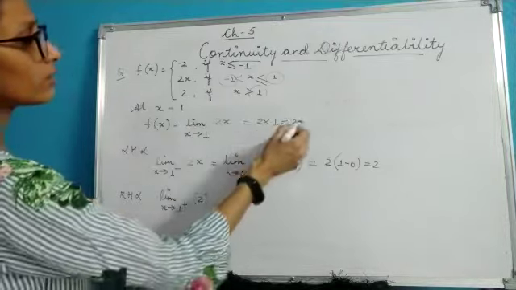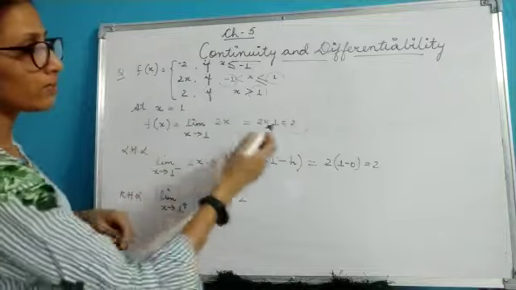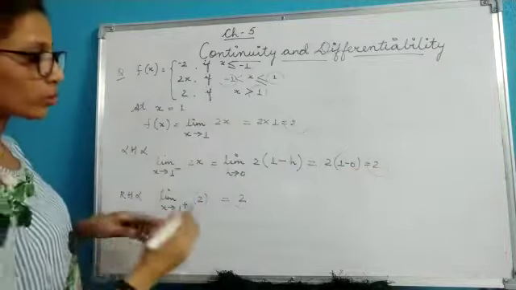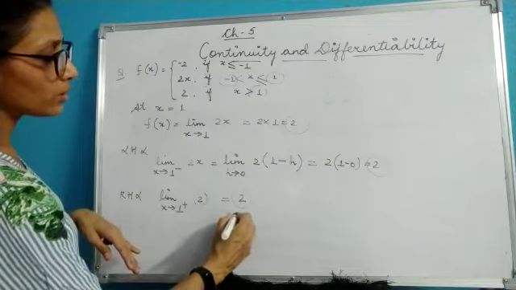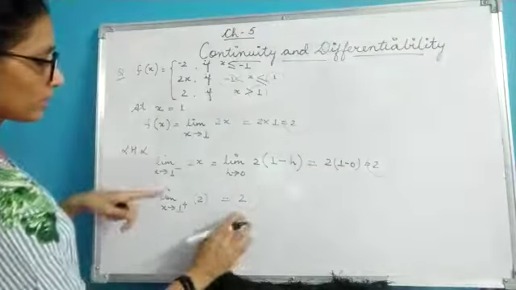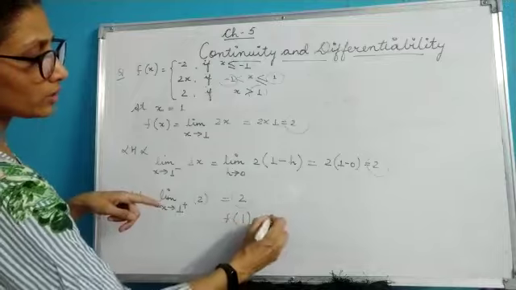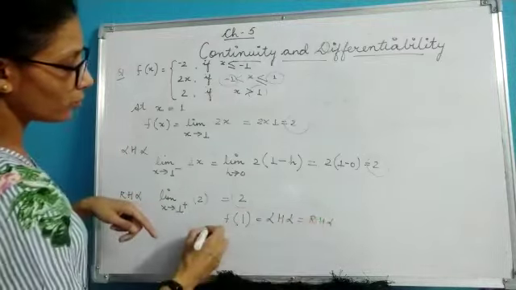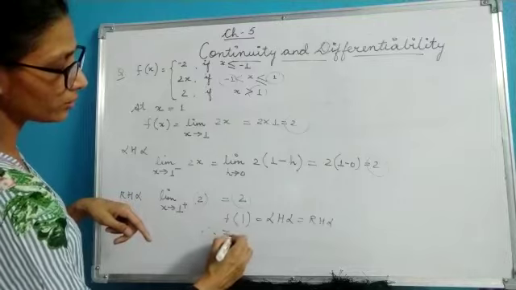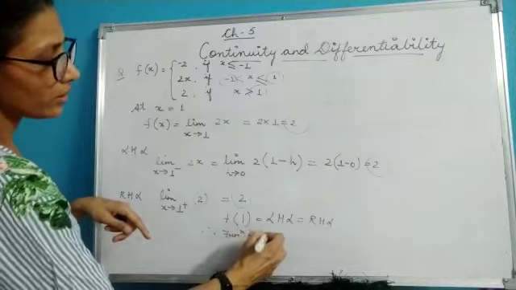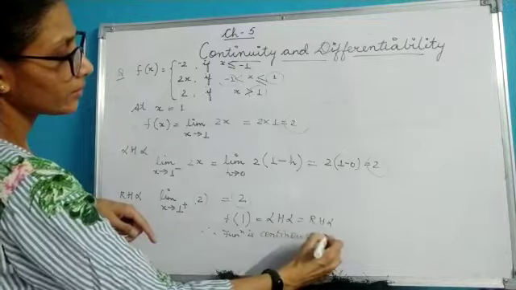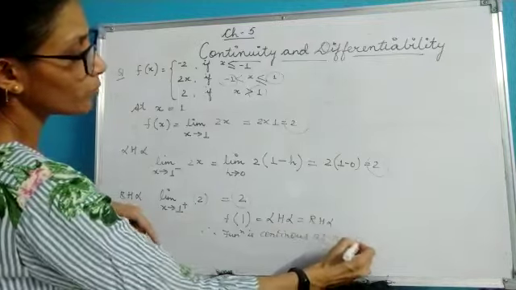Now you see here my function has value 2, LHL is coming out to be 2 and RHL is also coming out to be 2. That means my function at x equal to 1 is equal to LHL is equal to RHL. Therefore the function is continuous at x equal to 1.